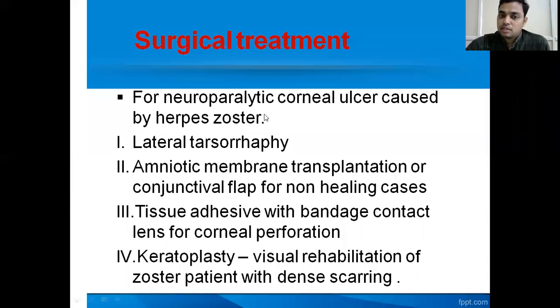Nummular keratitis and disciform keratitis are seen, and all the tissues of the eyeball are involved. The retina is involved, and the uvea, that is iris and ciliary body, is involved. There is a chance of secondary glaucoma, and anterior segment necrosis is seen. Complete ciliary shutdown is also seen if we don't treat the patient in the early stages.